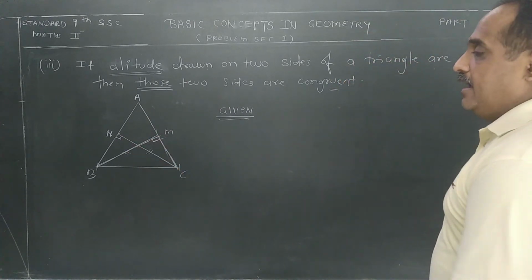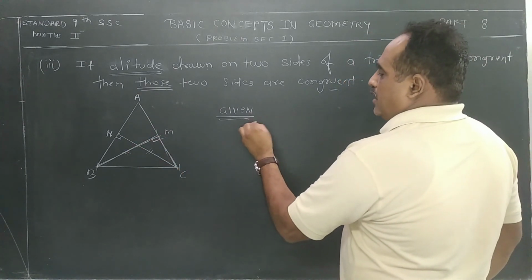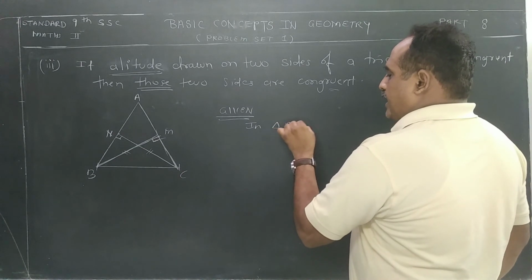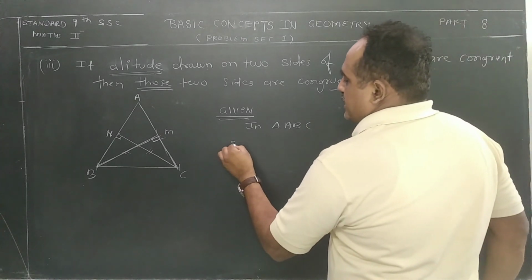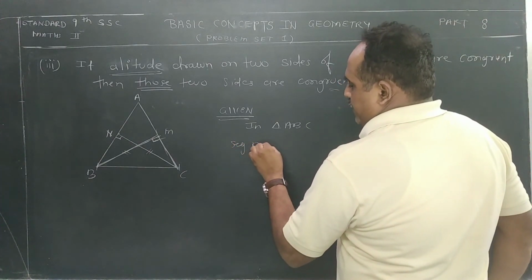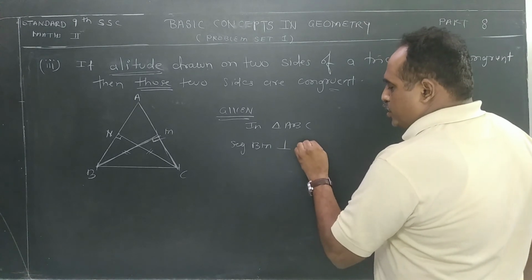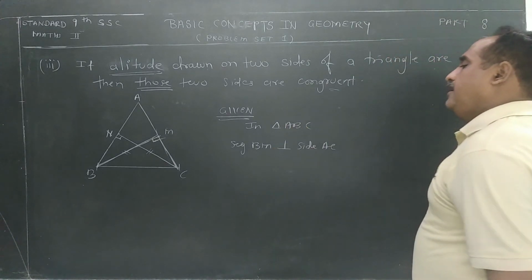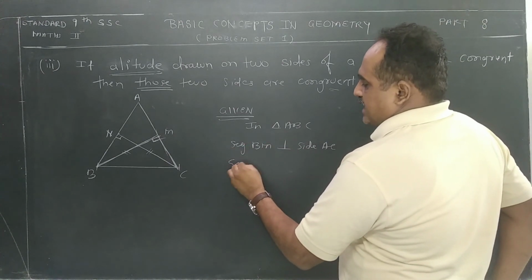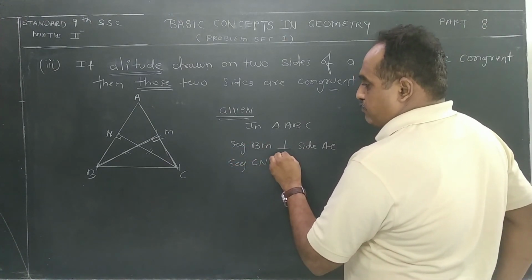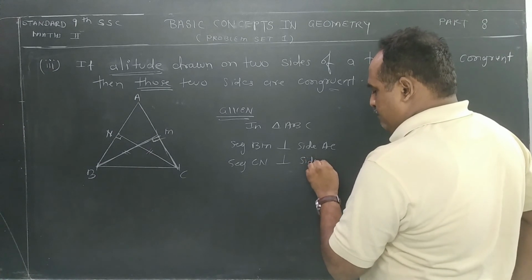Okay. Then in triangle ABC, we have to prove altitude. But what is the meaning of altitude? I told you. Segment BM is perpendicular to side AC. That is, perpendicular is altitude, and segment CN is perpendicular to side AB.